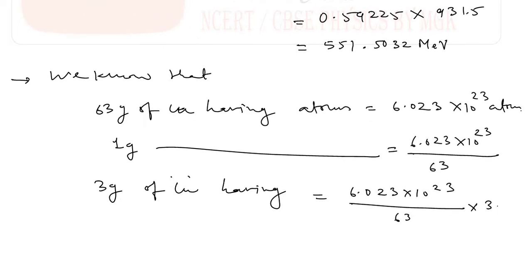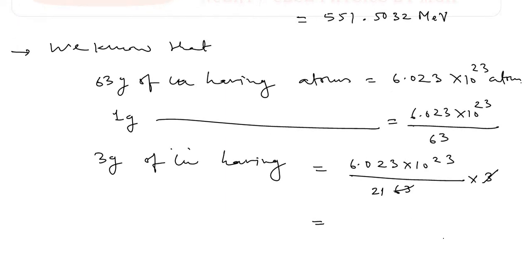After cancellation, 3 twos are 63... finally we get the total number of atoms present in 3 gram of copper, which is equal to 2.868 multiplied by 10 to the power 22 atoms. So you got the number of atoms.